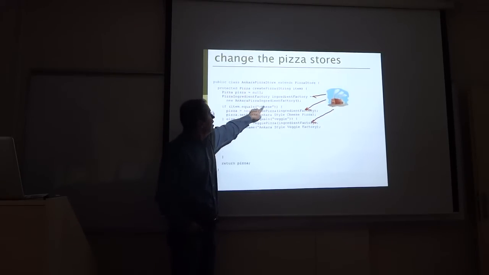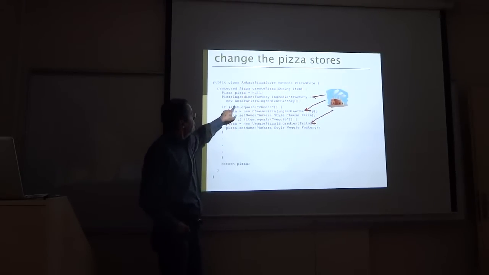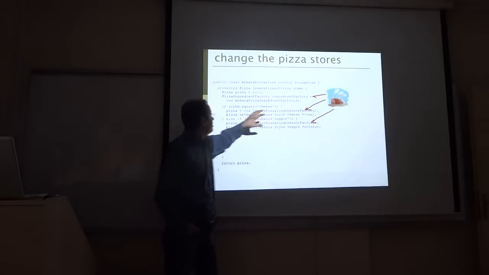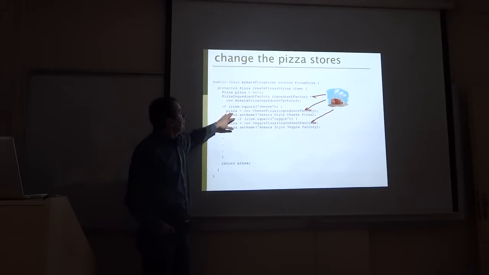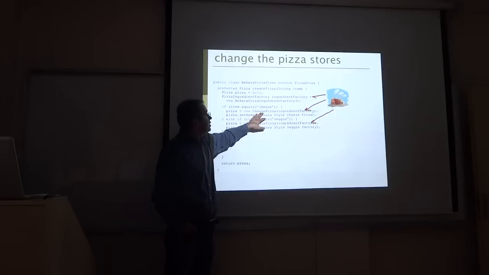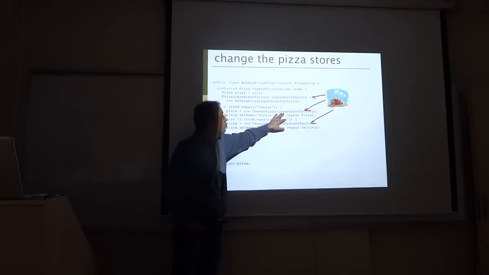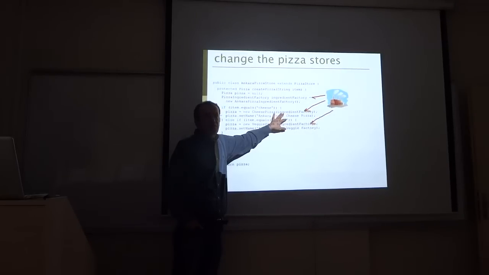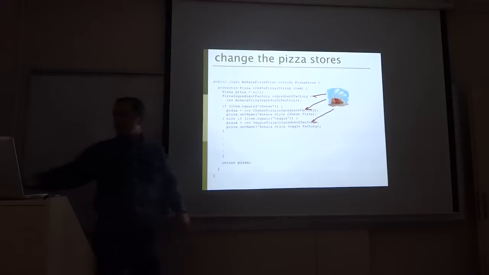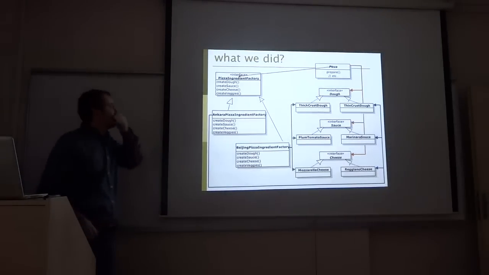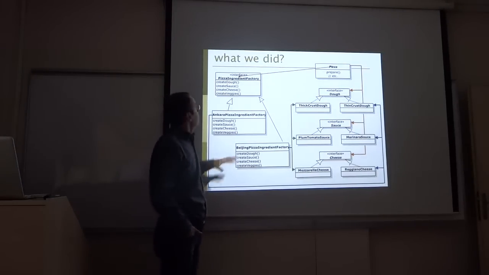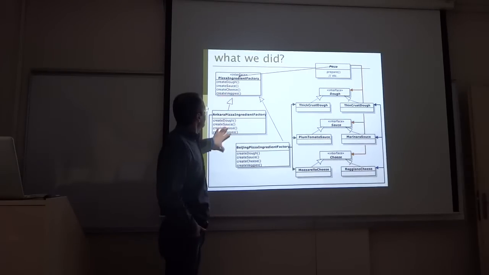And depending on the type of what I asked to be created, I will have a cheese pizza. So cheese pizza is the same. There is only one cheese pizza object class, but the contents of the cheese pizza will be different depending on the ingredient factory that I'm supplying it to. Just like this. I have an ingredient factory.